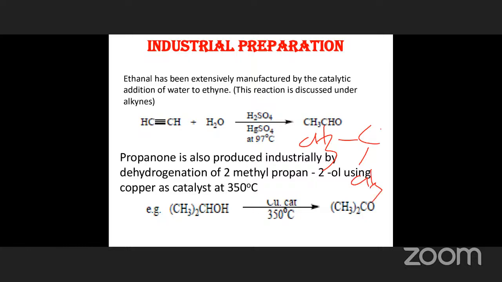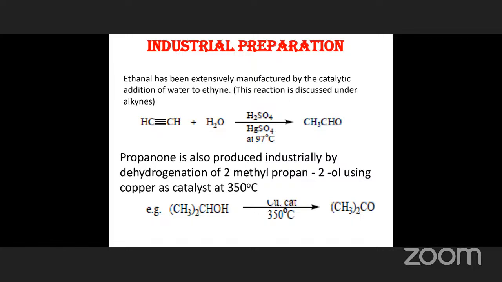Then that carbon has OH and then H. Sorry, I'm drawing rubbish there, but you get my point. So the central carbon atom has 2 methyl groups, 1 hydrogen and 1 OH bonded to it.